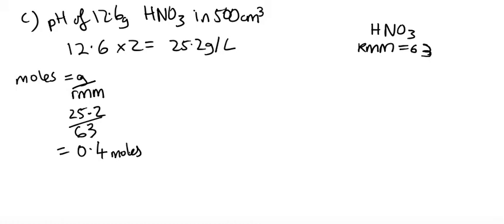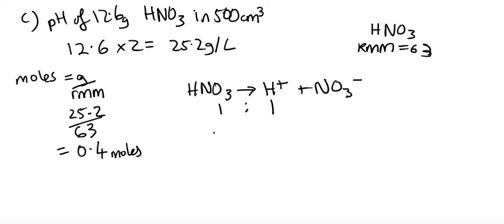Right, now that we've worked out the number of moles, we can plough ahead and fill in our dissociation expression. So our dissociation equation here, HNO3, will break down to give you H+ and NO3-. In this case, we're looking at a 1:1 ratio between the nitric acid and the hydrogen ions.